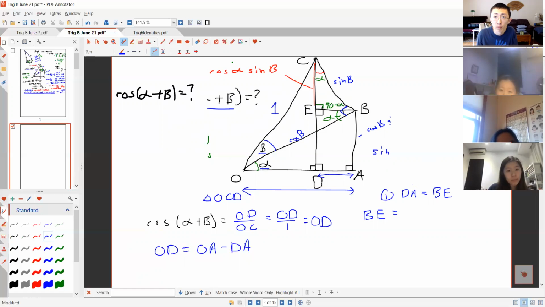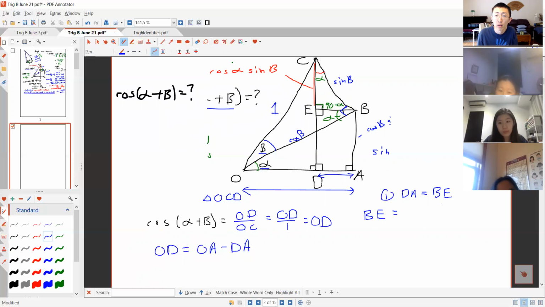Sine alpha equals BE over sine beta. Yeah, good. Oh, let's see. So let's write down sine of this alpha equals BE over CB.